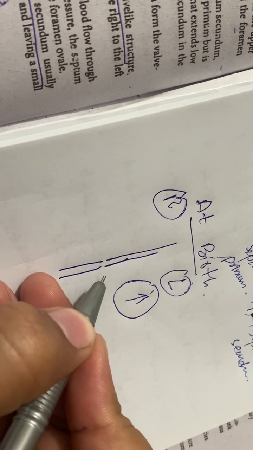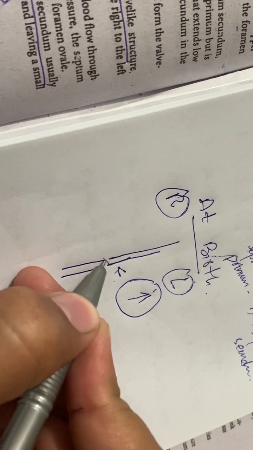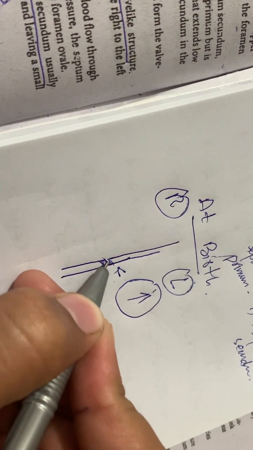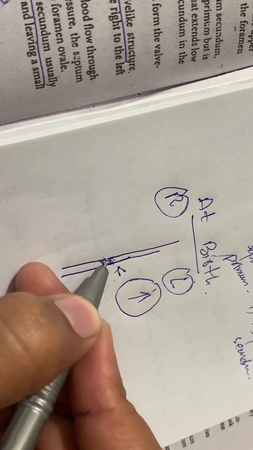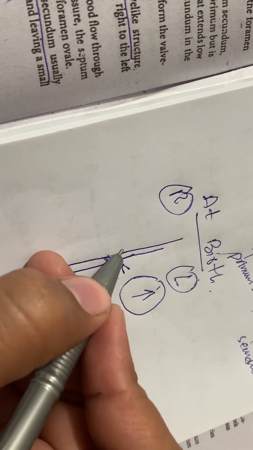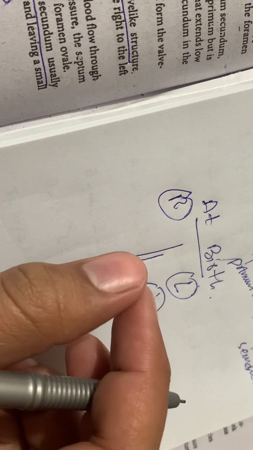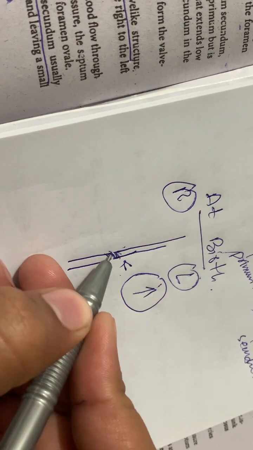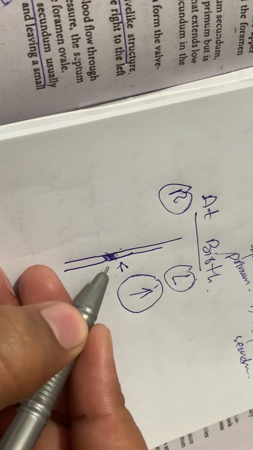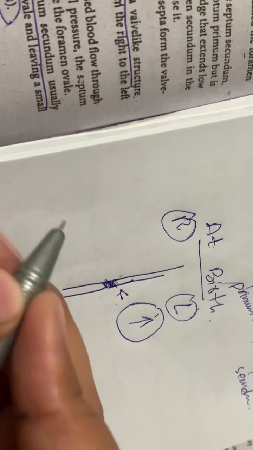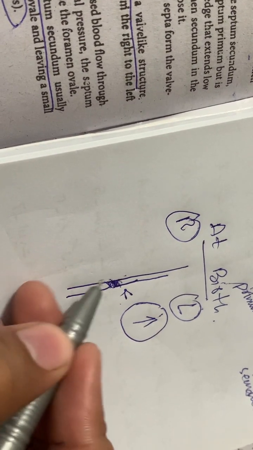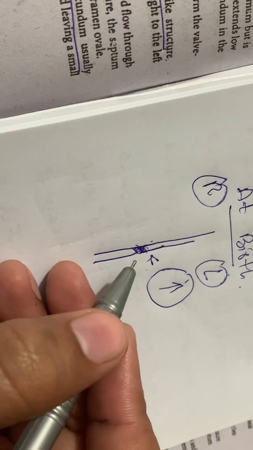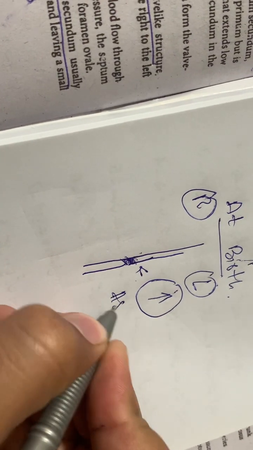The pressure pushes the septum primum to attach with the septum secundum. They fuse with each other, and that hole is obliterated, and that's very important. If this doesn't happen during birth, the patient is going to have an ASD, atrial septal defect.